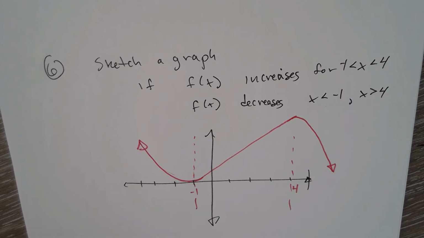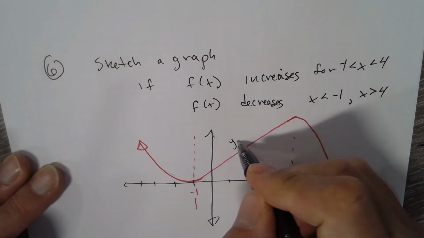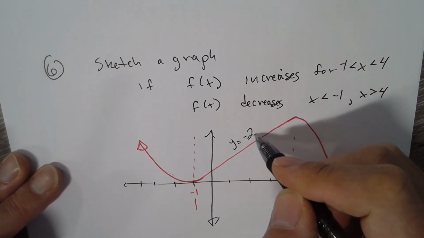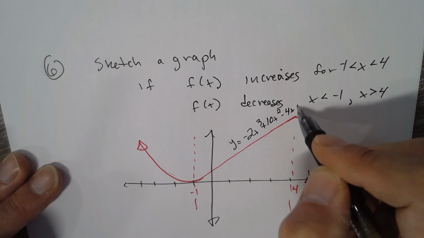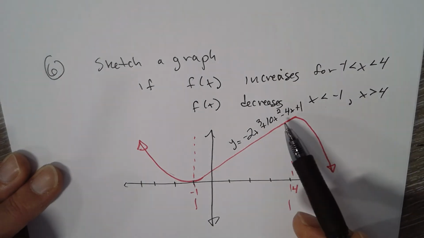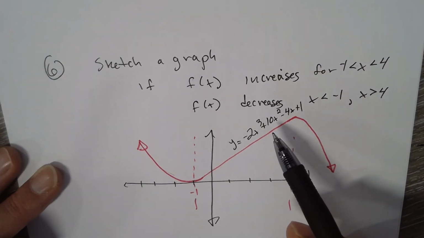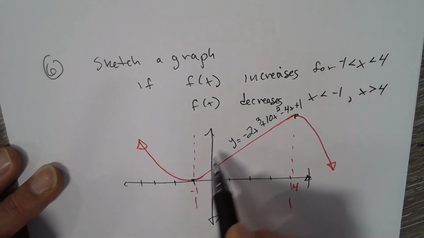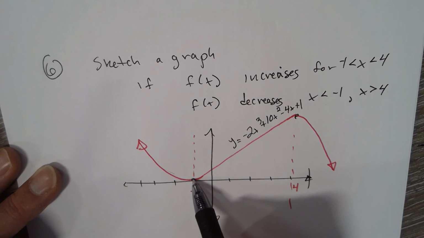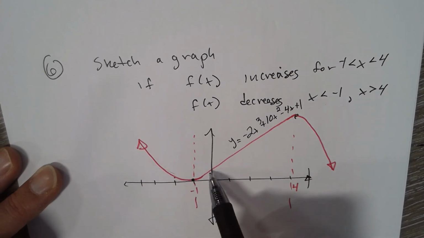But that's one other thing in 4.1. Figuring out where it increases and decreases. So you might be given an equation. Let's say this is y equals -2x cubed plus 10x squared minus 4x plus 1. And they might ask you where does it increase and decrease. So you're going to have to use your calculator to find these points. Okay, so you could calculate min, left bound, right bound there.